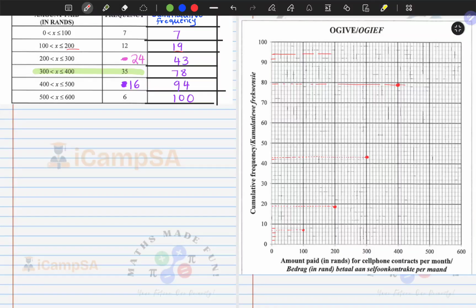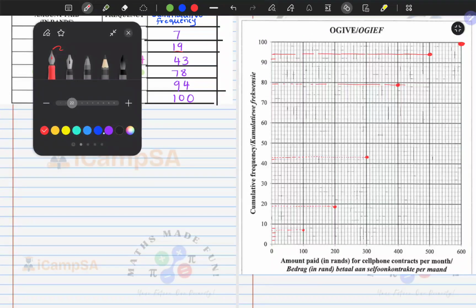So it becomes what we see on this line here. And this is looking at 594. Okay. And then the last one is going to be at 100, and that is 600. So that's there by the corner. Okay. So we can now go ahead and combine these lines here.